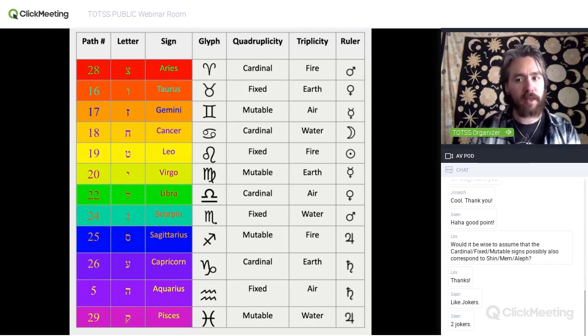So on the far left here, I'll mention the colors first. These are the paths, these path numberings, the single letters in the King scale. One interesting thing to note is that the colorings in the King scale for the 3 mother letters, the 7 doubles, and the 12 singles are each a kind of division of the full spectrum.